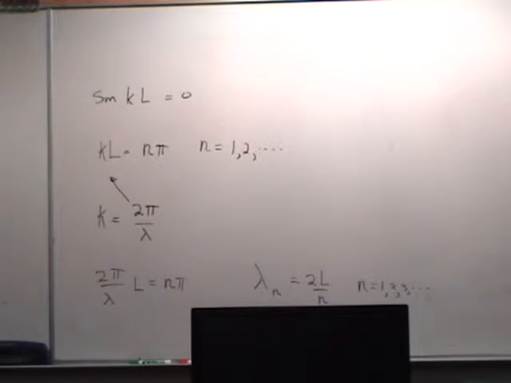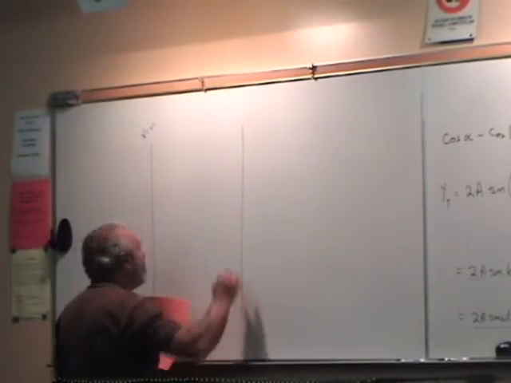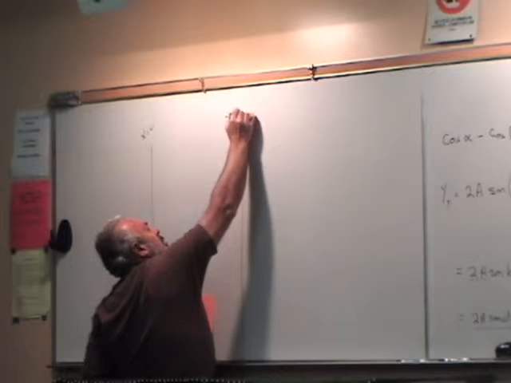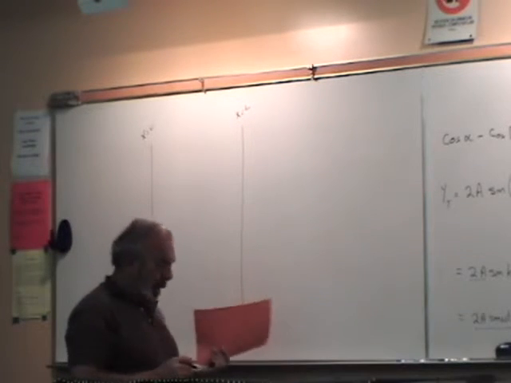Draw the picture, it says. My notes tell me to draw the picture, so let's draw the picture. In other words, to have two superimposed waves, imagine this represents x equals 0, and this represents x equals L, like this.